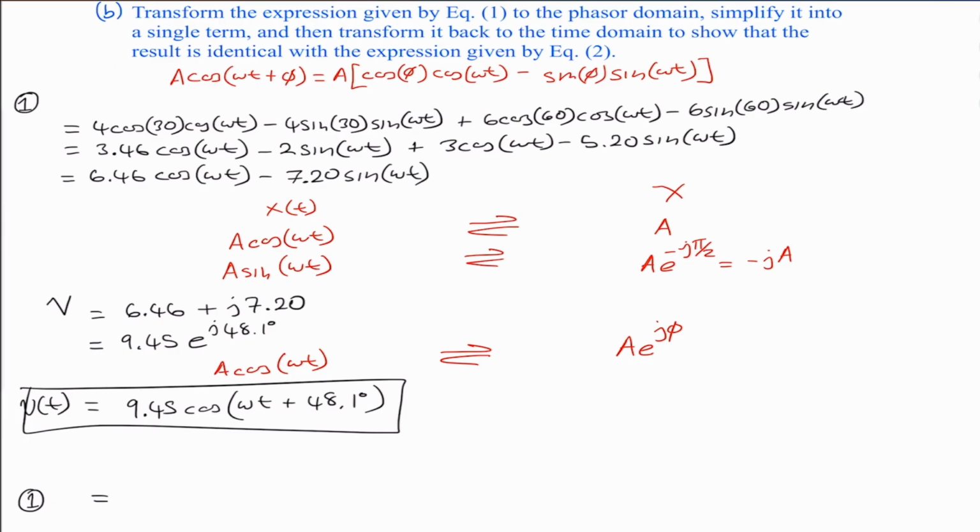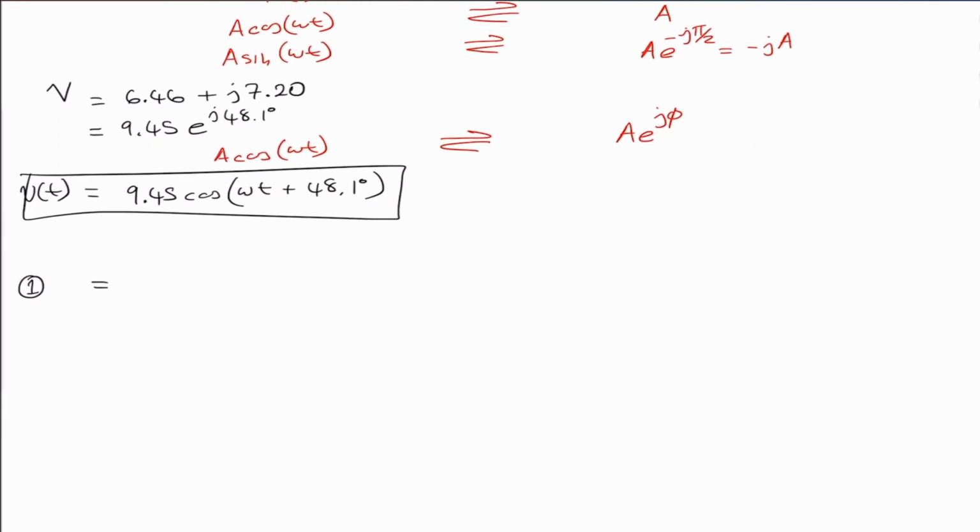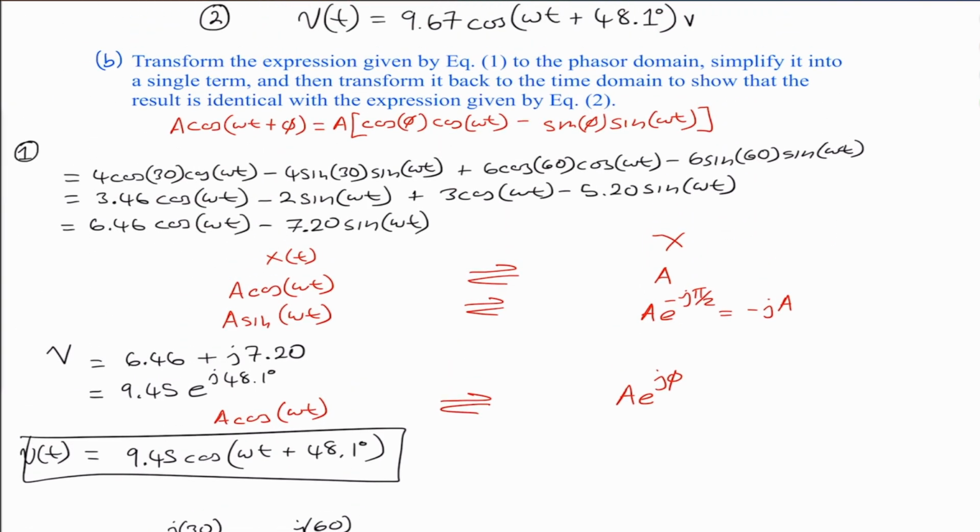So we're going to apply this property to equation 1. That means we're going to end up with a coefficient of 4 times e to the j 30, plus 6 e to the j with an angle of 60. So now we're in the phasor domain.